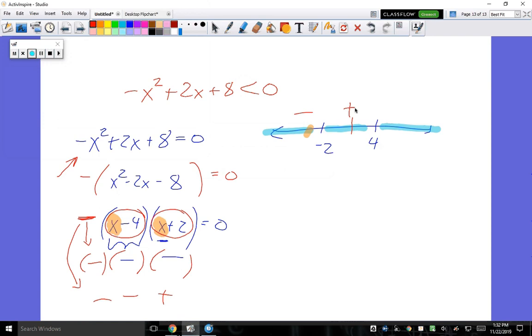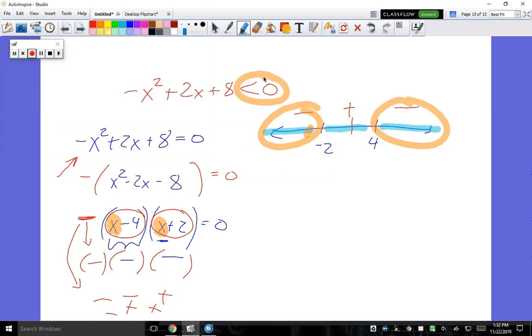Positive. And then the last one I could do is 5, where I have a positive, positive, negative, and this goes back to negative. You with me? All that work to show that my answers are going to be here and here, because I was looking for when that equation was negative. And it's all about what you do with that when you get it factored.